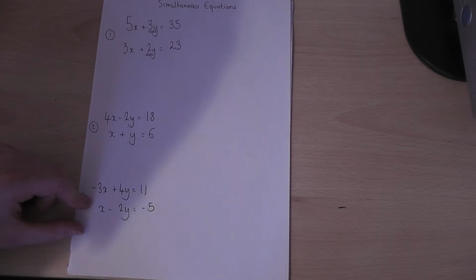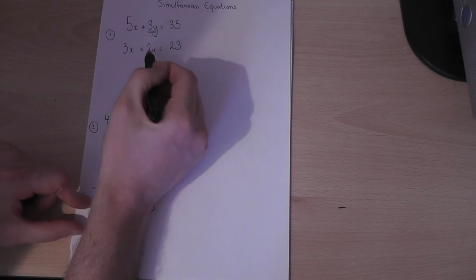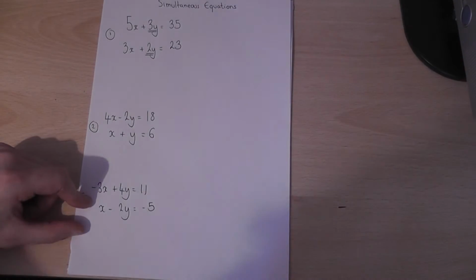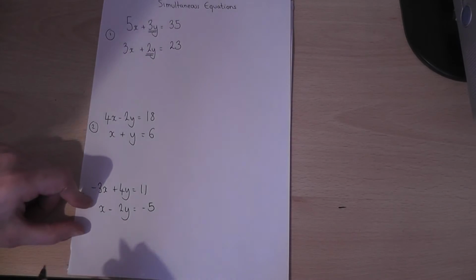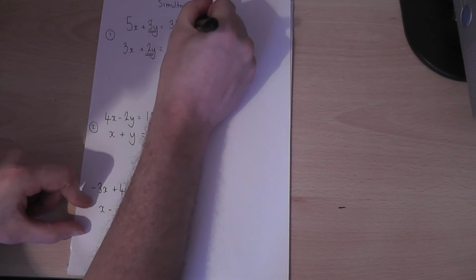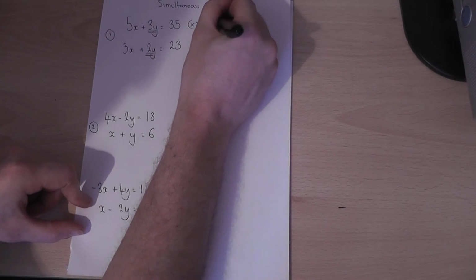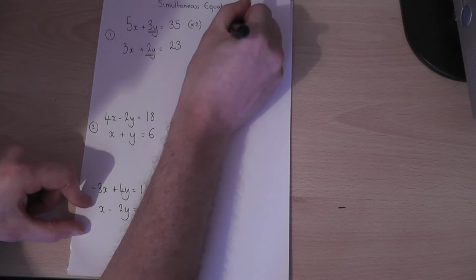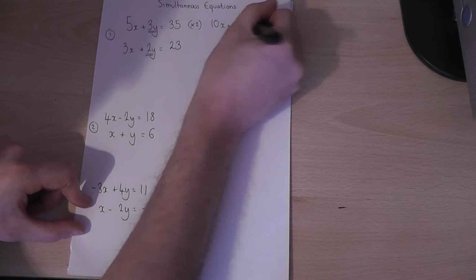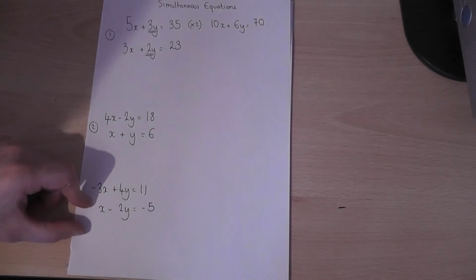The first aim is to make the number of y's match in both equations. So, if I were to double the first equation, I would get 10x plus 6y equals 70.